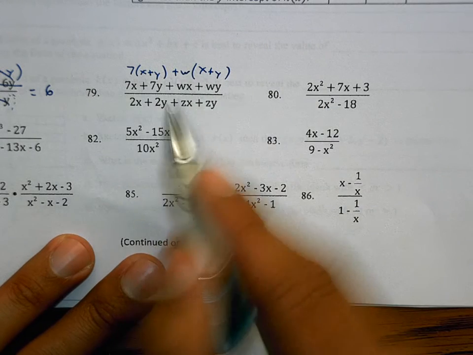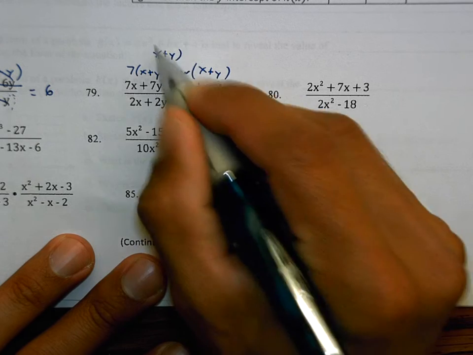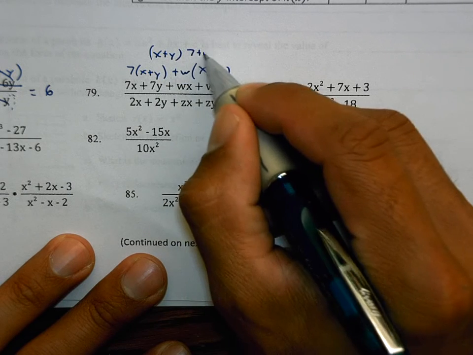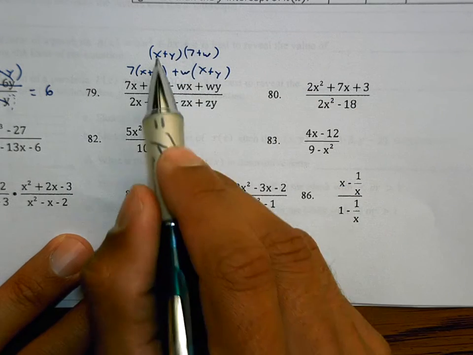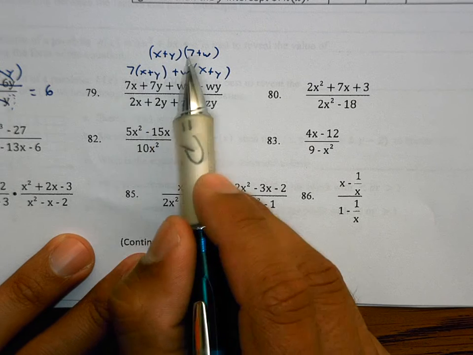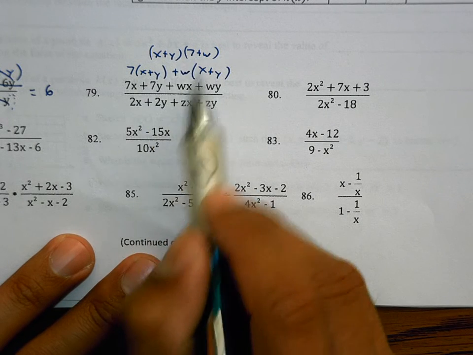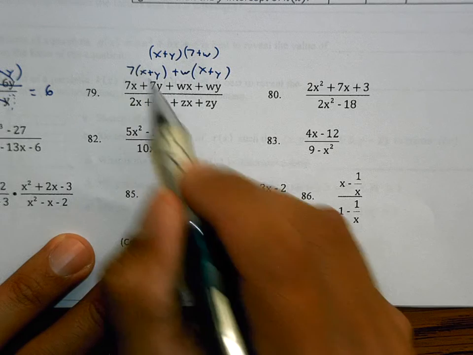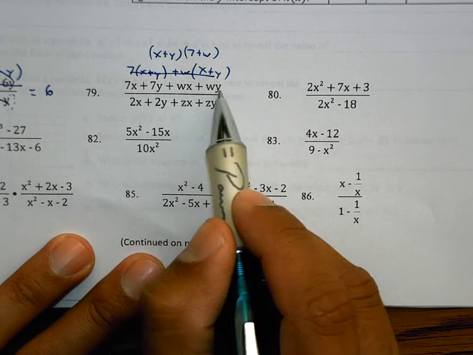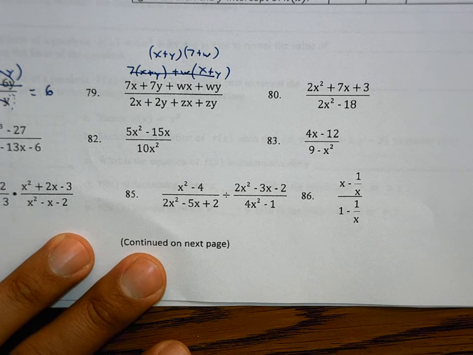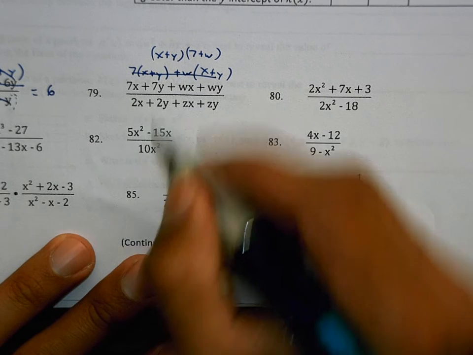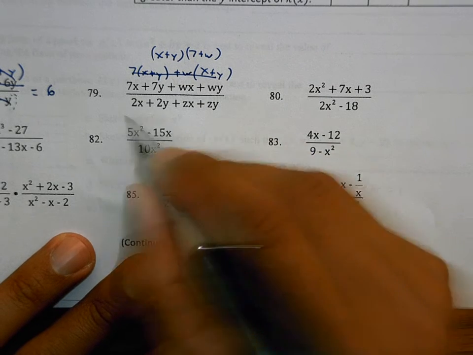If the two GCFs match, those go in one parenthesis and the remainders go in the other. If you look at this times this is that, this times this is that, you can get to these 4 terms from those two binomials multiplying each other. Same thing would go down here.